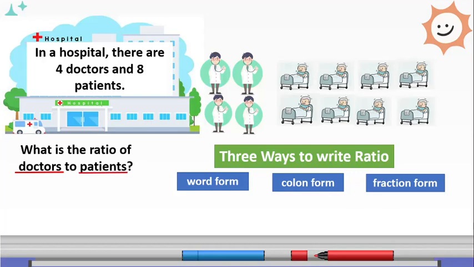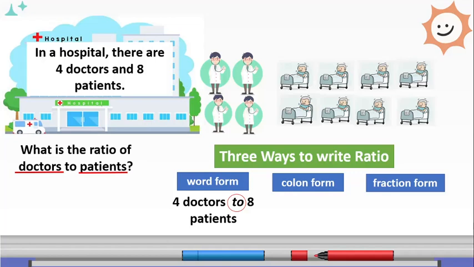There are 8 patients. Therefore, to write them in ratio using the word form, we can express it through 4 doctors to 8 patients. In word form, we use the word to compare doctors and patients.